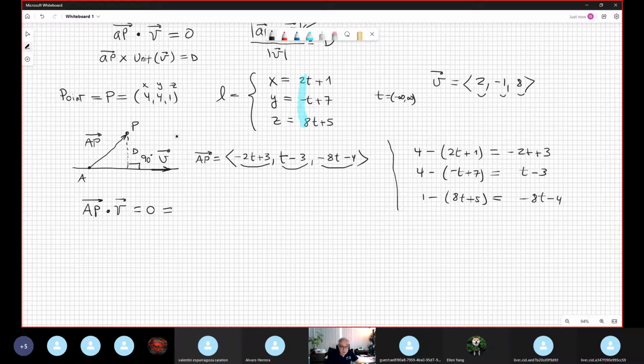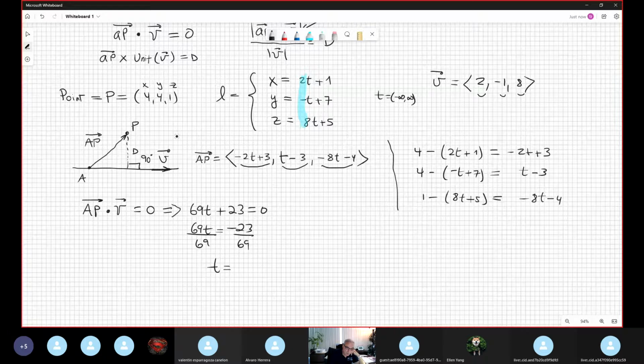So this equation is derived like that. And you solve for t. So t is equal to negative 23 divided by 69, so t is negative 1/3.